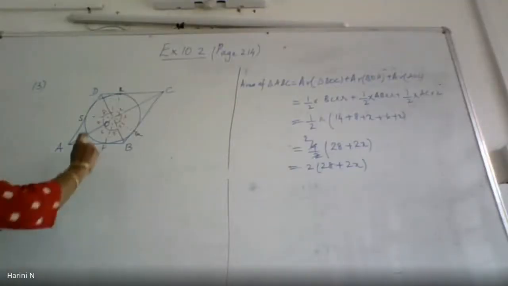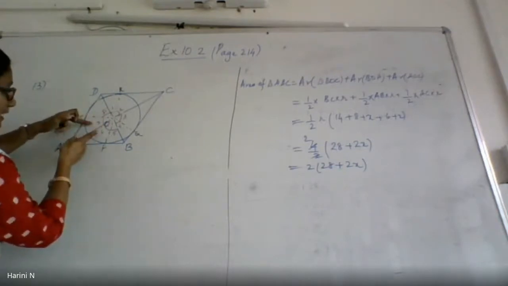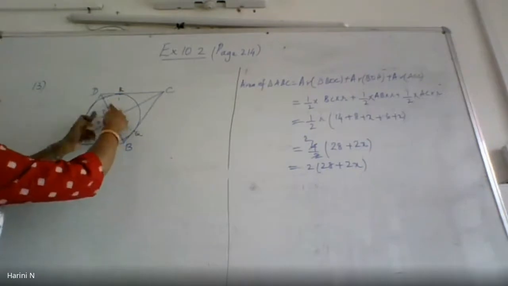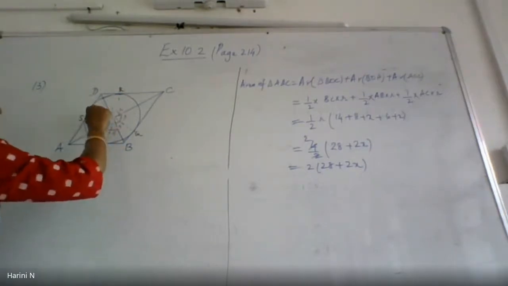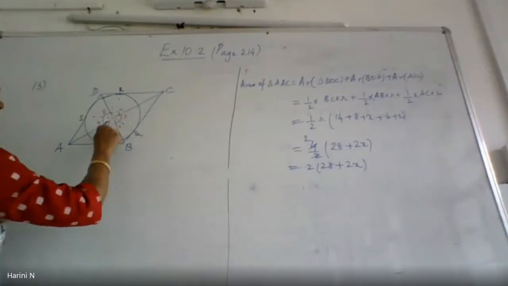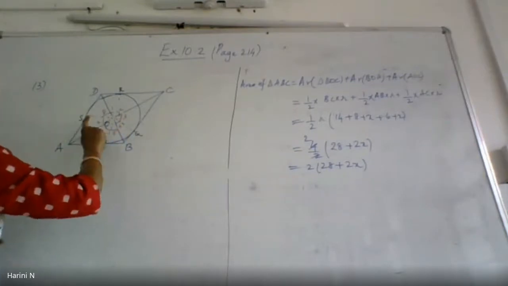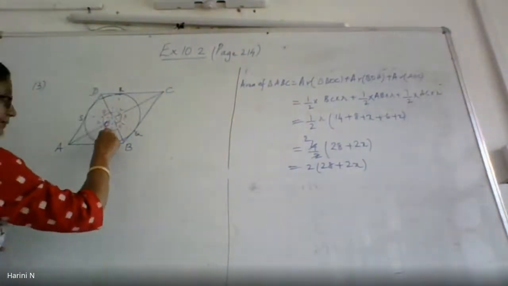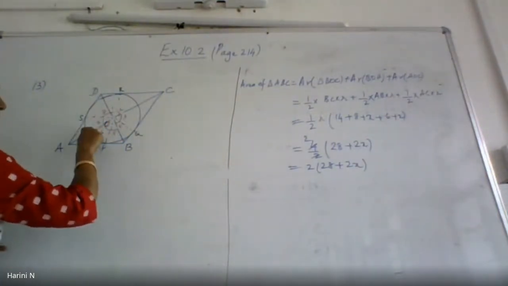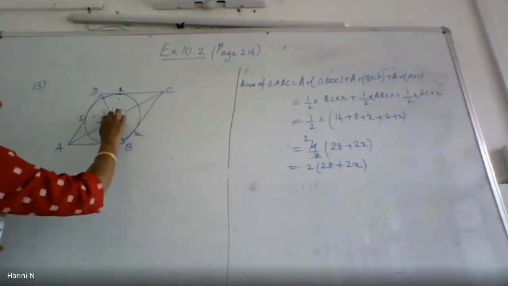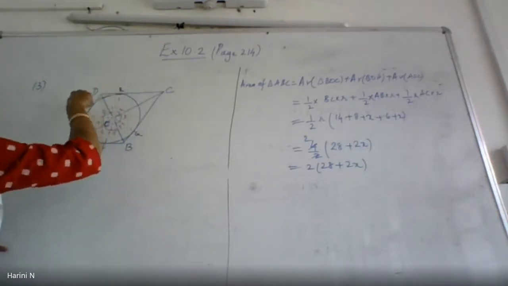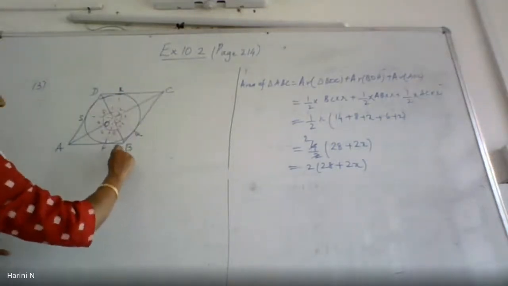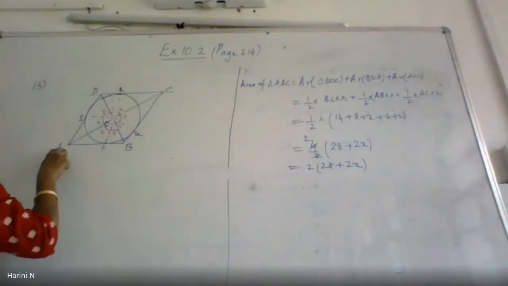Now I know angle 7 and 6 are equal, 5 and 4 are equal, 2 and 3 are equal, 1 and 8 are equal. So instead of writing 1 plus 2 plus 3 plus 4 plus 5 plus 6 plus 7 plus 8, I can write 2 times angle 1, 2 times angle 2, 2 times angle 5 and 2 times angle 6. 1 and 8 are subtended by DR and DS, 2 and 3 by CR and CQ, 4 and 5 by BQ and BP, 7 and 6 by AP and AS.